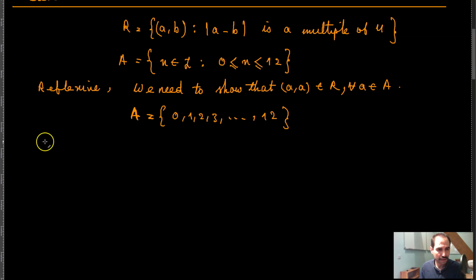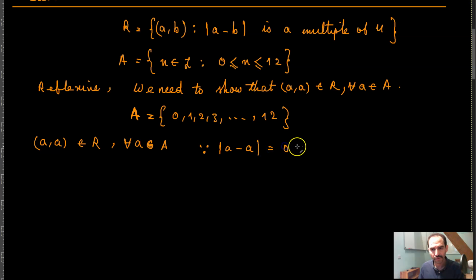So then you can say that A comma A belongs to R for all A belonging to A, and the reason for that is that the absolute value of A minus A is equal to 0, which is a multiple of 4.